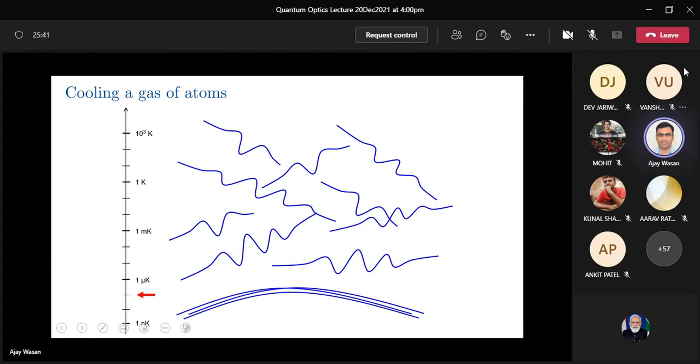And we reduce more, then it becomes bigger. And what happened during that time, many atoms behave such that their de Broglie wavelengths start overlapping.